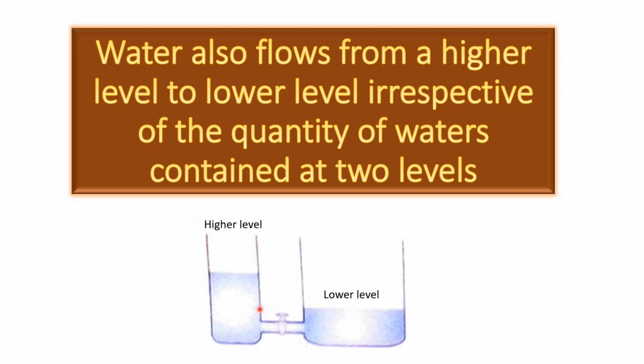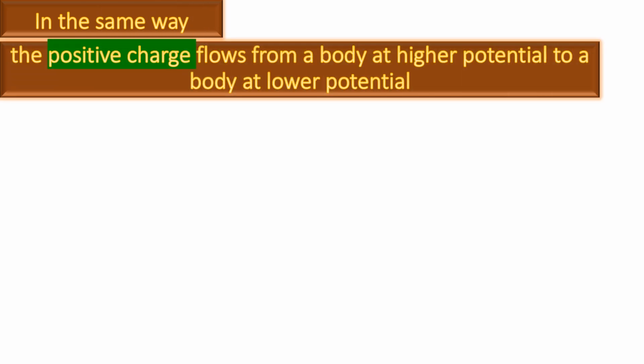For two different beakers with different levels of water, if we connect the beakers with the help of a pipe, what will happen? There will be a transfer of water from the higher level to the lower level, and you can immediately see this if you build a setup like this. In the same way, the positive charge flows from a body at a higher potential to the body at a lower potential.